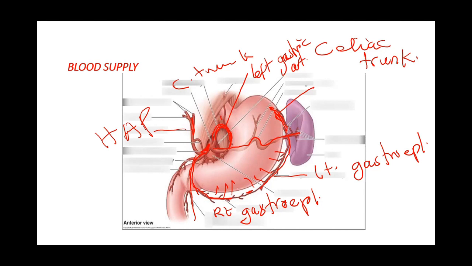The hepatic artery, I said, divides into the hepatic artery proper and the gastroduodenal artery. This is the gastroduodenal artery.